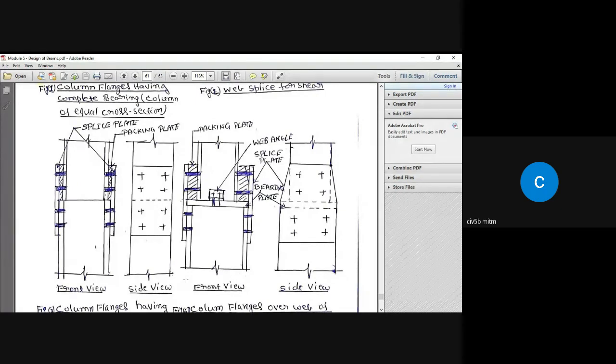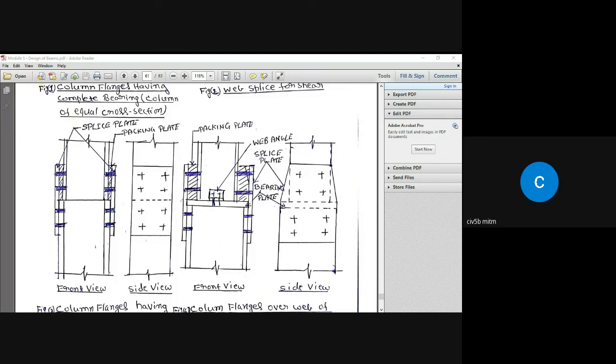Next come the connections. Beam to beam connections and beam to column connections we discussed in the previous class, and column to column connection we discussed just now. So with this we are completing this module.